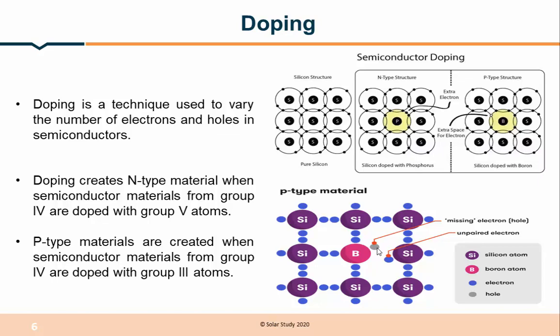A p-type material can be created when a semiconductor material from group 4 is doped with a group 3 atom. Group 4 has 4 electrons at the outermost shell. If I add group 3 atoms, they form covalent bonds with each electron, but one excess hole remains, forming more positive charge, which produces the p-type material.